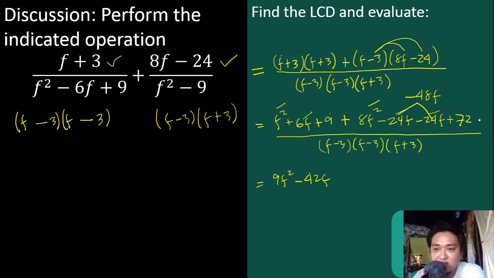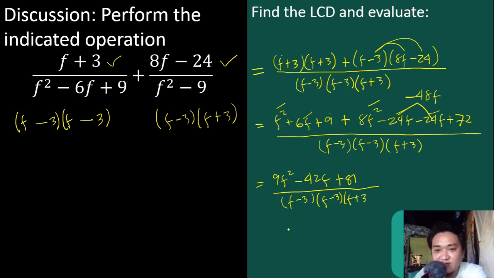And then the last thing that we are going to do is to combine 72 and 9, that will be 81. Positive 81 all over f minus 3 times f minus 3 times f plus 3.